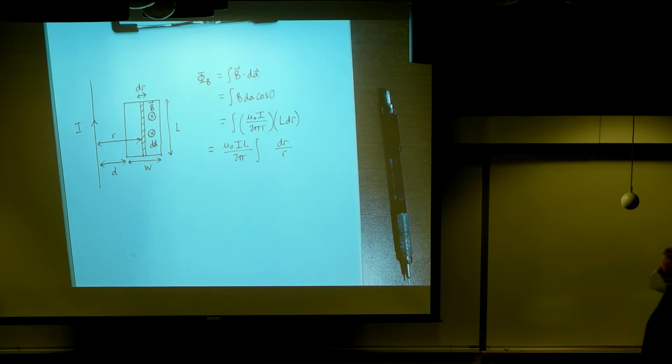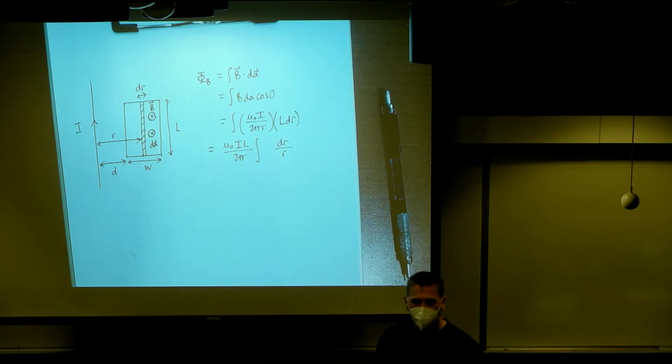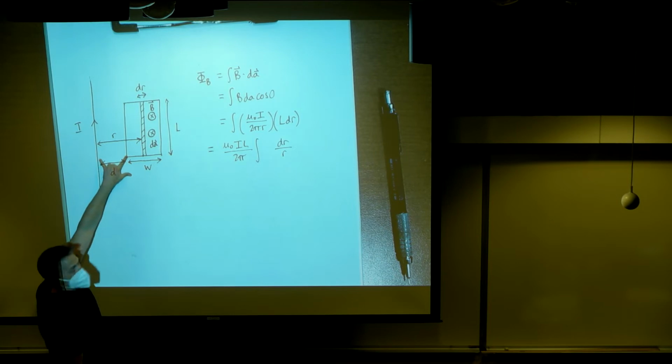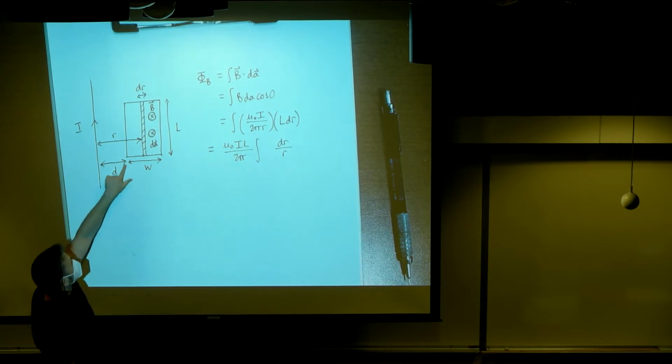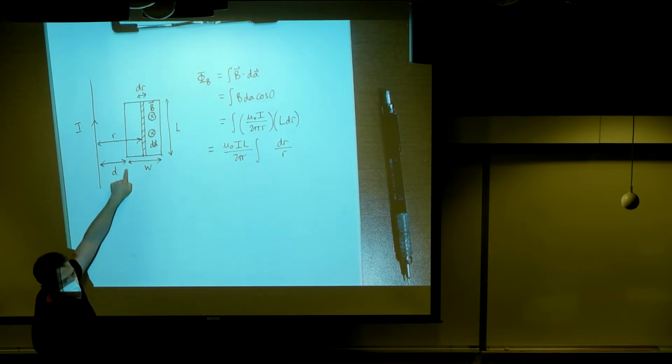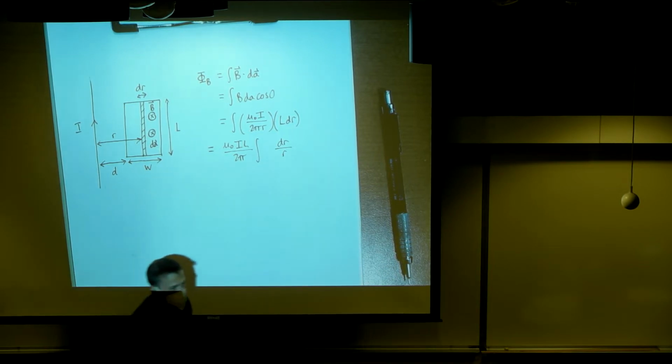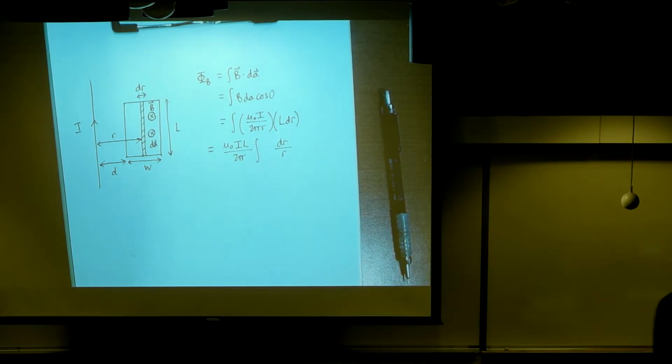What should my limits of integration be? So in terms of the smallest r value to the largest. Yeah, so r, when we're at the very left edge, starts at D, that's just however far away we are. And then D plus W to get to this edge. Okay, so those are the limits.